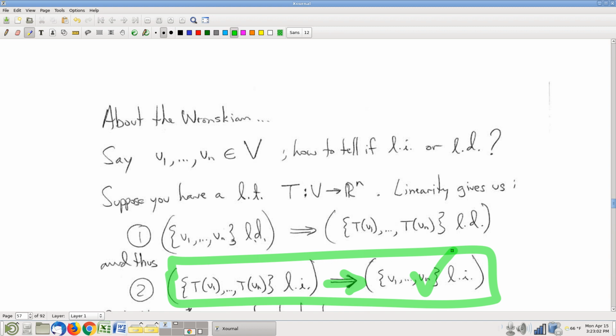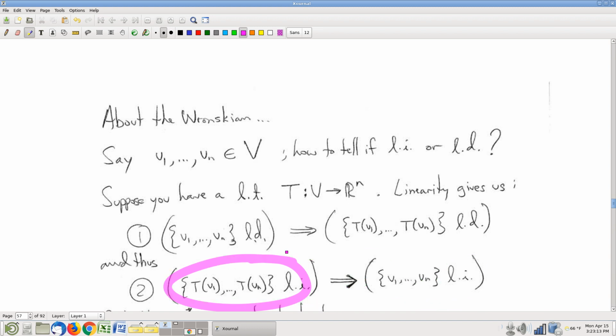So what I'm lacking now is, how do I decide if the outputs are independent? And here is where it's convenient that I arranged that those outputs would all be in Rn. That's the clever move. The reason we look for a linear transformation into Rn is so that this question will be old news.